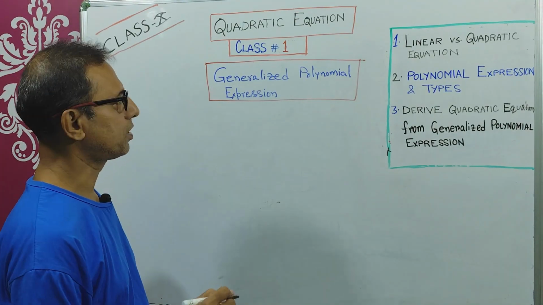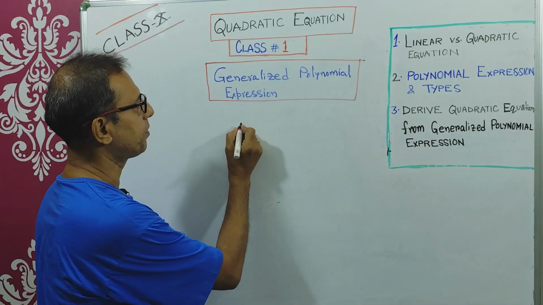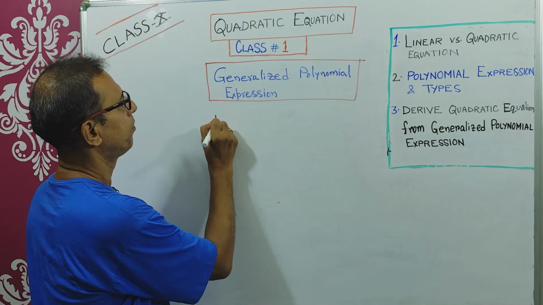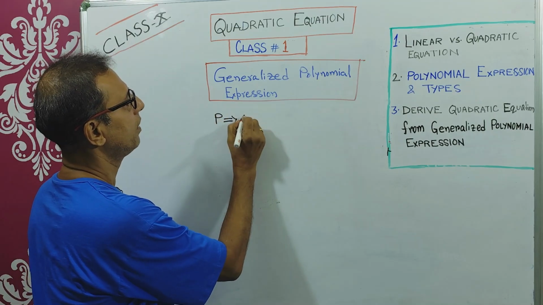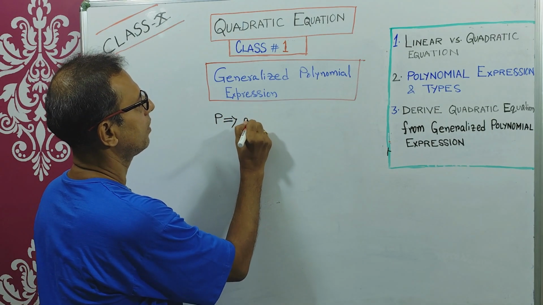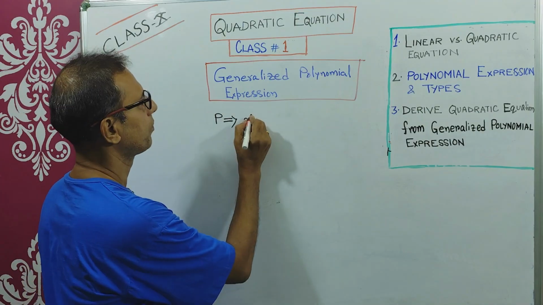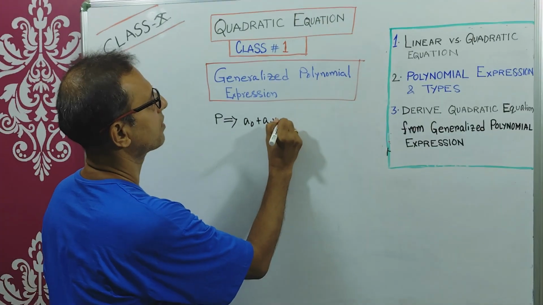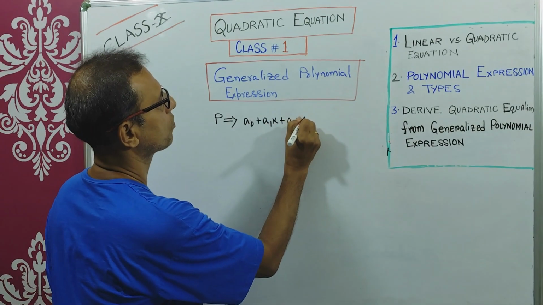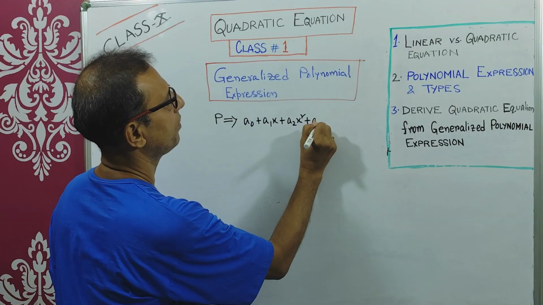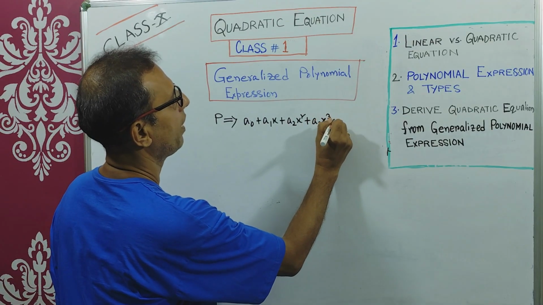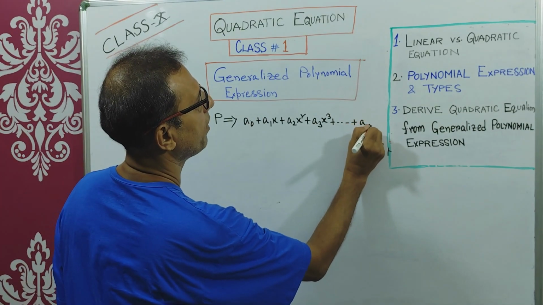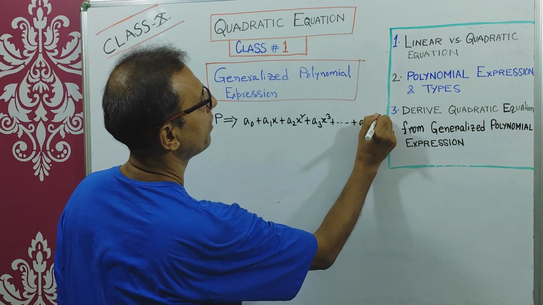So first of all, you see there is a polynomial expression. I am writing it down. It is polynomial expression P. It is a0 plus a1x plus a2x square plus a3x cube and so on up to a n minus 1 x to the power n minus 1.